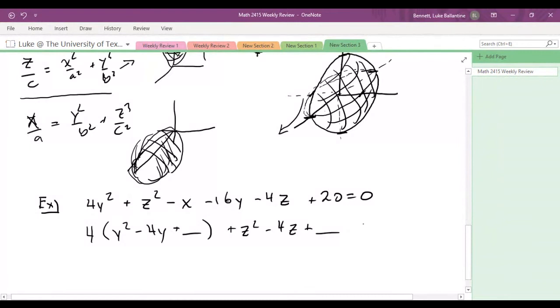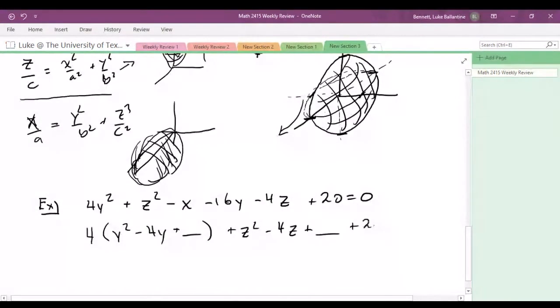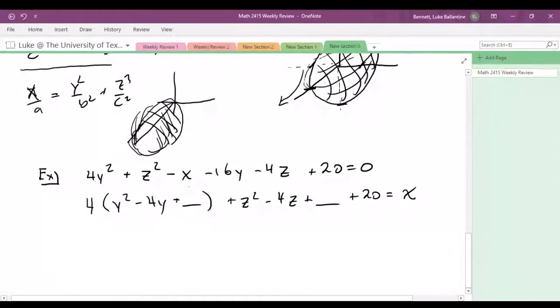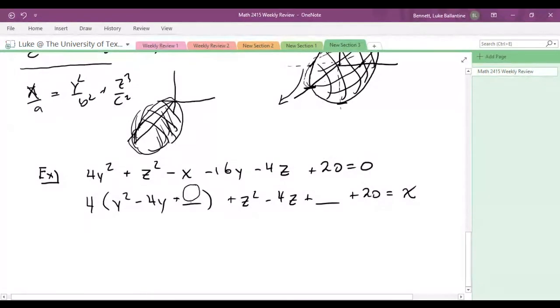We move the x to the other side. I'm going to keep the 20 right here. Okay. So what number goes in this spot if I'm completing the square?